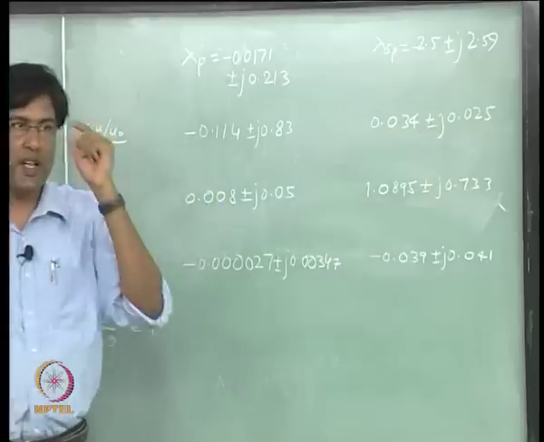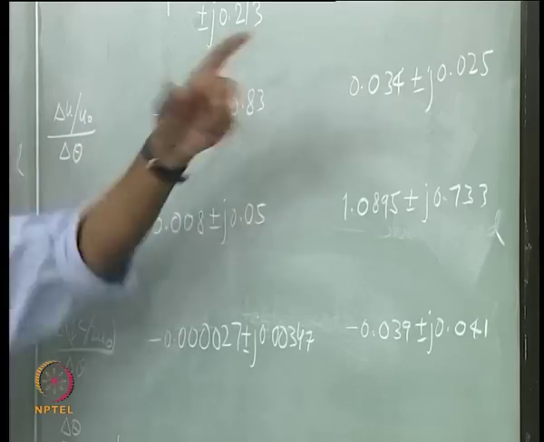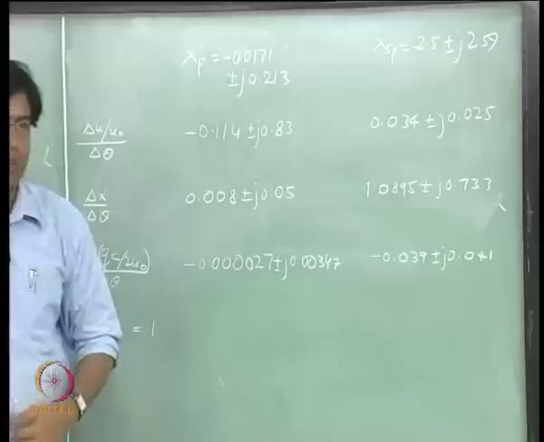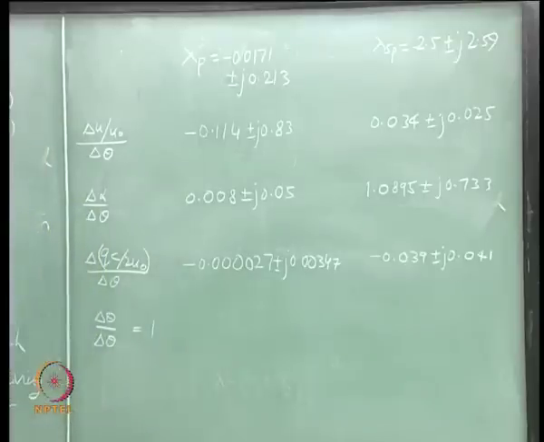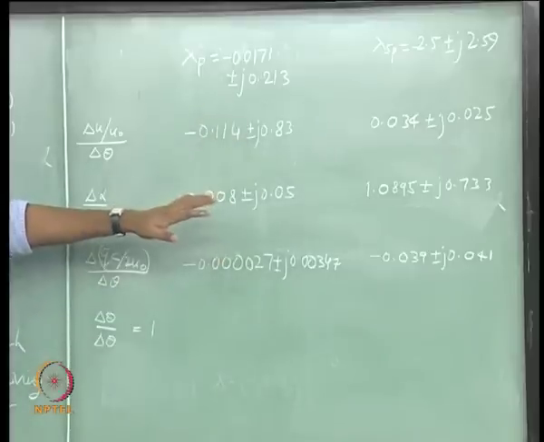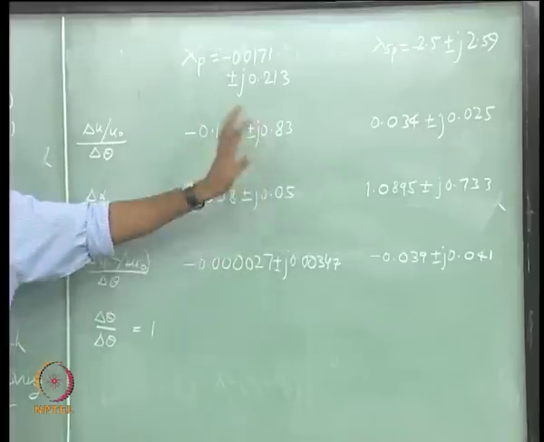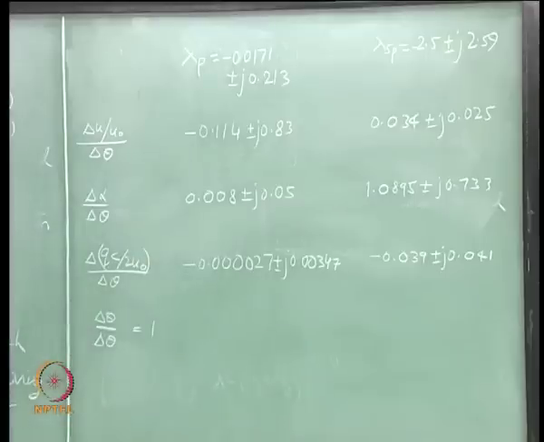So, this gives me a reason to keep this delta u as non-zero for the phugoid mode, and we can assume this delta u to be 0 for the short period mode, right, and these are exact numbers. I am solving an eigenvalue problem and then arriving at this set of eigenvectors.